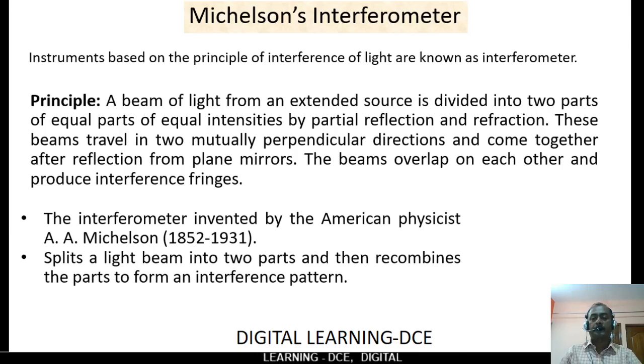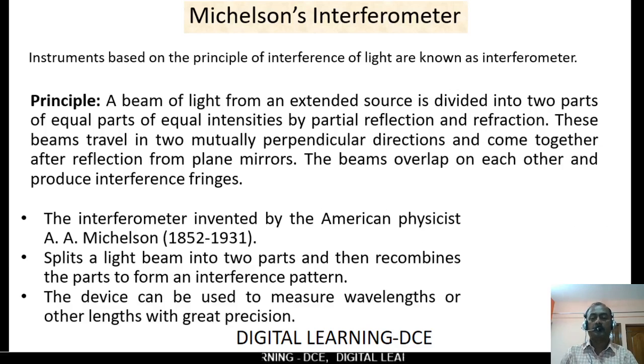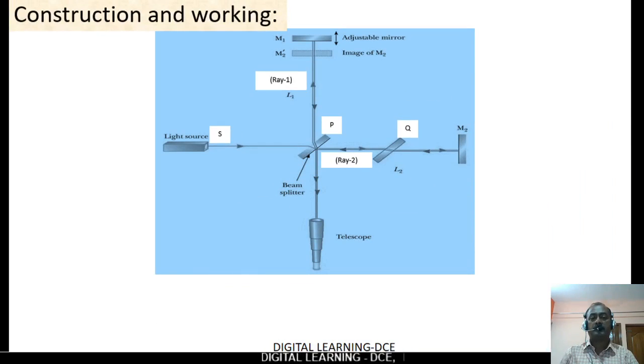It splits a light beam into two parts and then recombines the parts to form an interference pattern. The device can be used to measure wavelengths or other lengths with great precision. Let us see the construction and working of Michelson's interferometer.